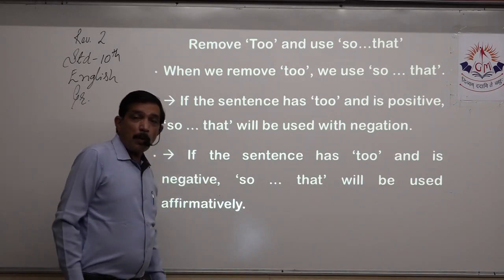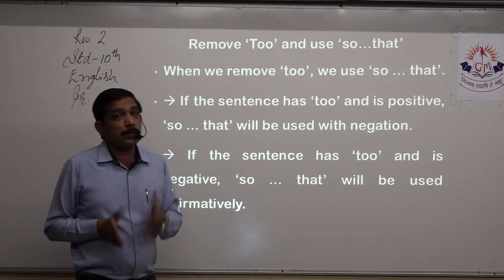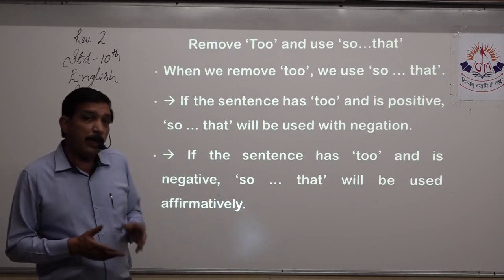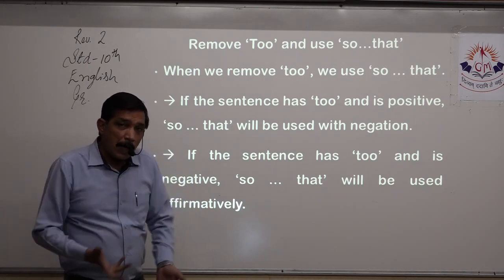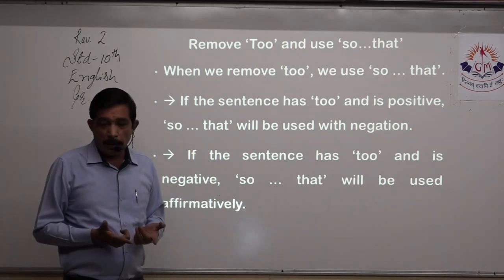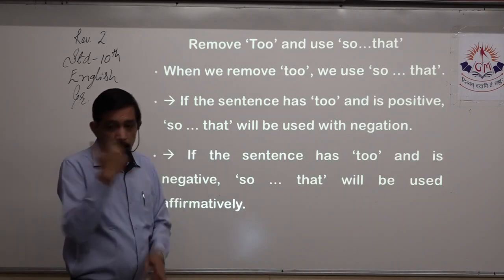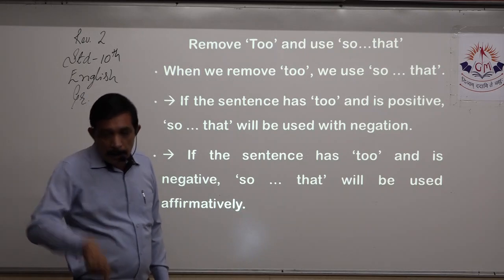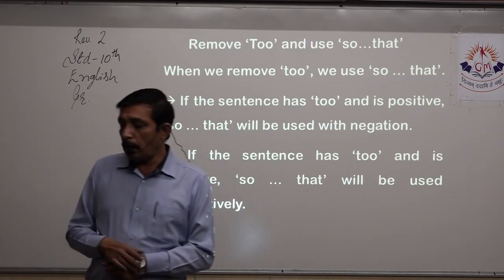Now comes rule number 1: if the sentence has to and it is positive, that means there is no negative word in it, then when we remove to and insert so that, we have to add negation to it, right? Negation has to be used along with so that. Vice versa, if the sentence has to and it also has negation, then when we use so that, the negation will be removed.